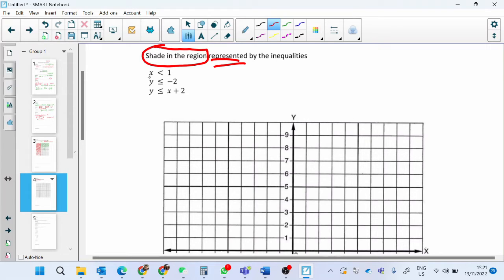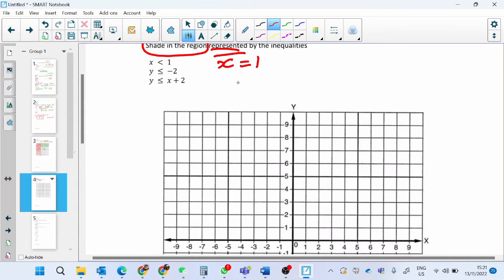So here it says x is smaller than 1. First our equation is x equals 1. When x is equal to 1 and the inequality is just smaller, that means it's exclusive.